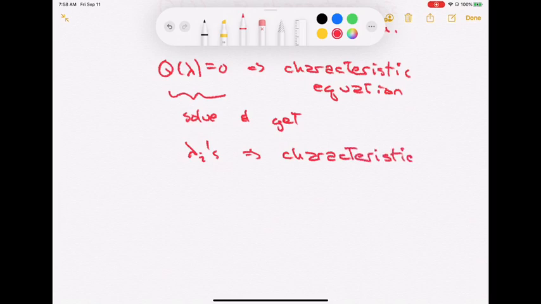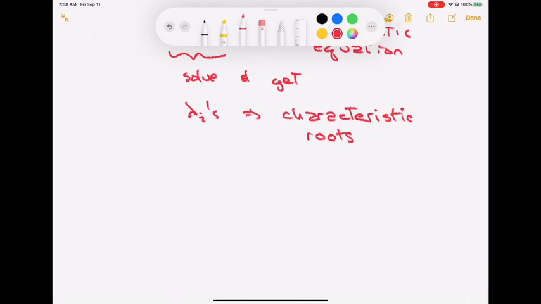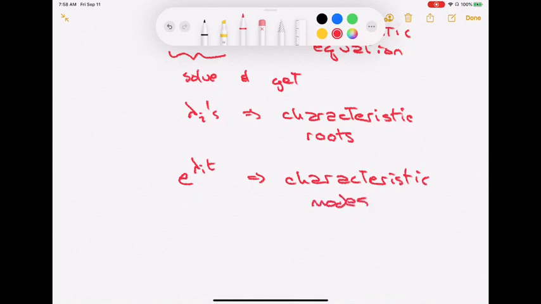And these characteristic roots tell us something about the characteristics of the system, the character of the system. The e to the lambda i t terms are called the characteristic modes. Characteristic modes are the way a system wants to release energy.